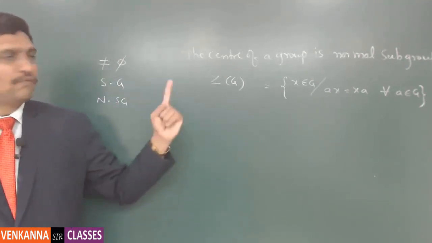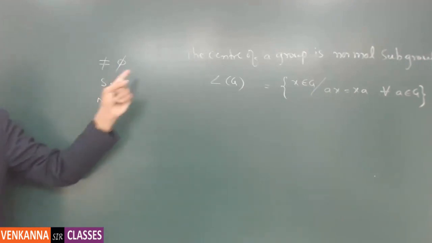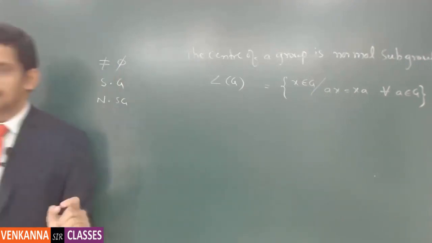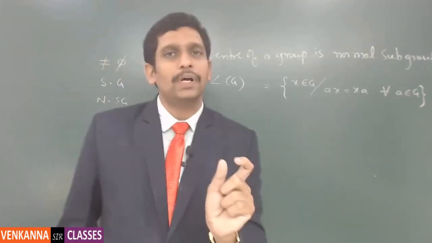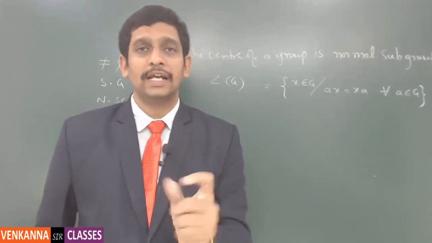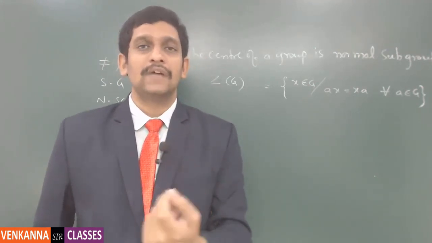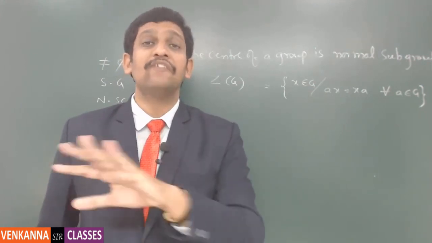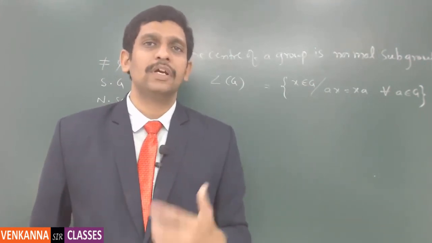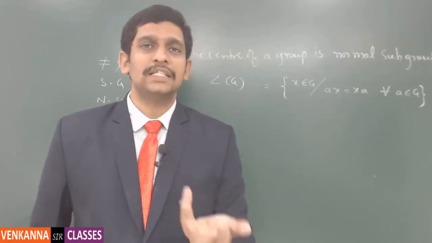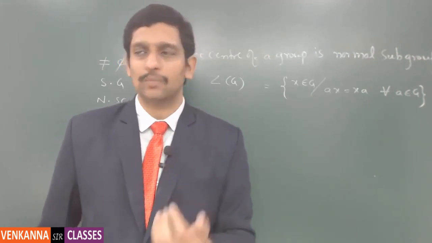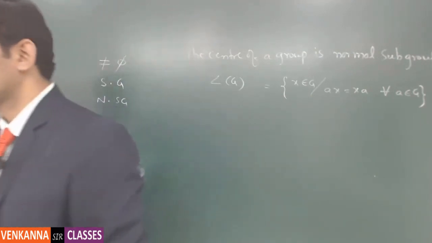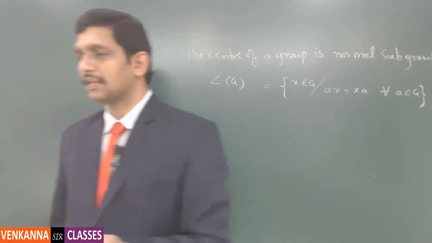First of all, to show that it is a non-empty set, I have to take an element which satisfies the commutative property with every element of G. Can you say that such an element exists in the group? If so, what is that?